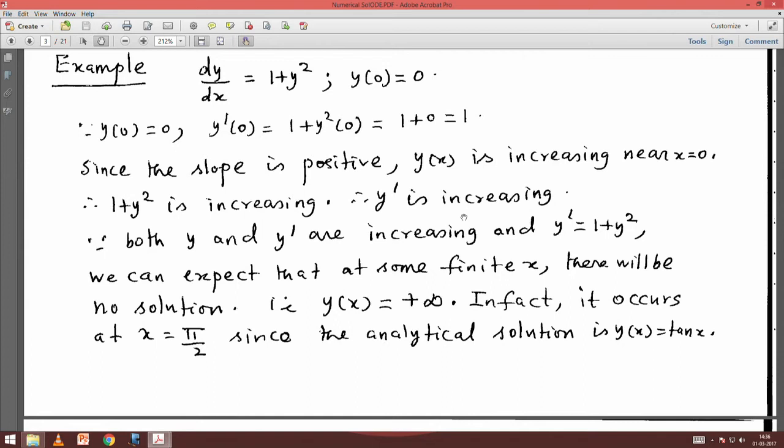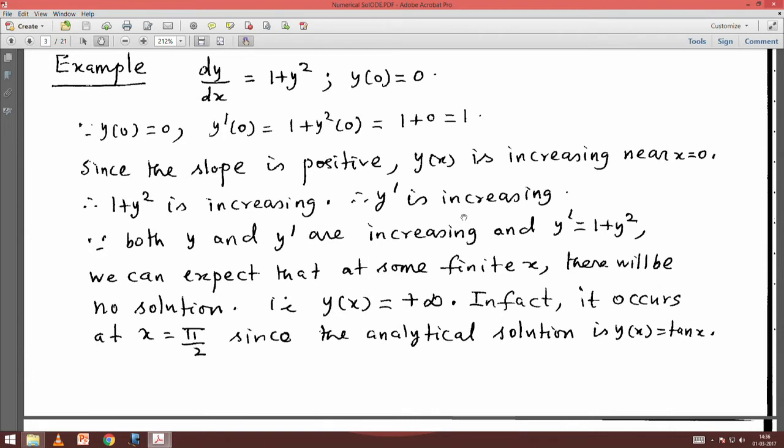So, y prime of 0 is 1, so the slope is positive. What does it mean? y of x is increasing near x equal to 0, and 1 plus y square is increasing, that is, y prime equal to 1 plus y square is increasing. So, y prime is increasing.